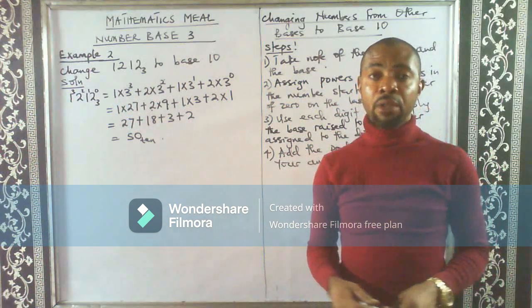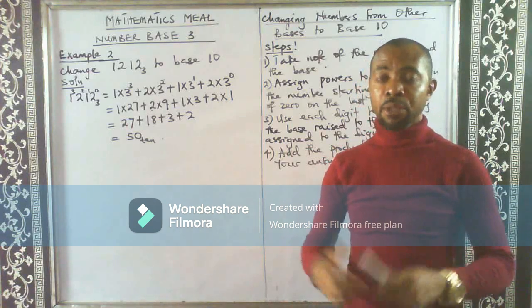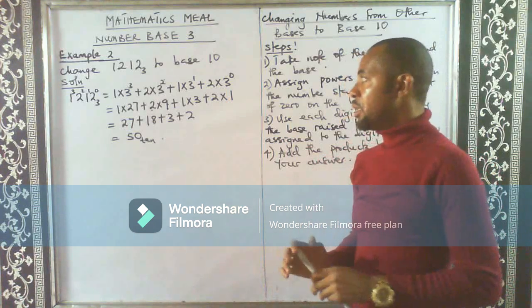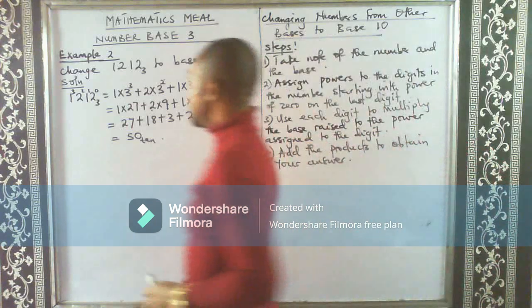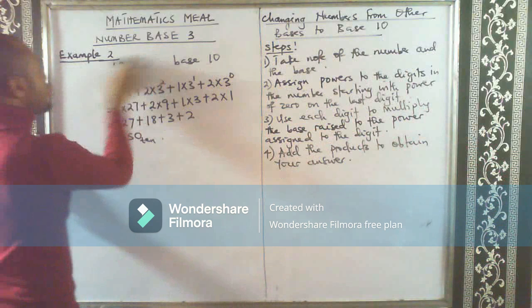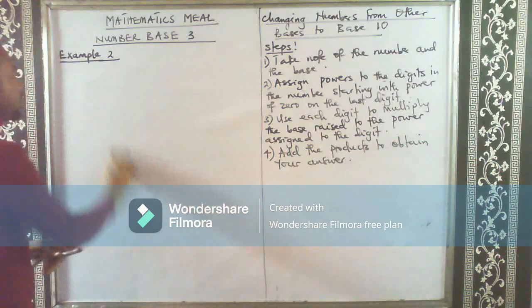So we'll take another example because we need to solve so many examples until we are sure that this is very clear to you. Okay, so let's take the third example on how to change numbers from other bases to base 10.